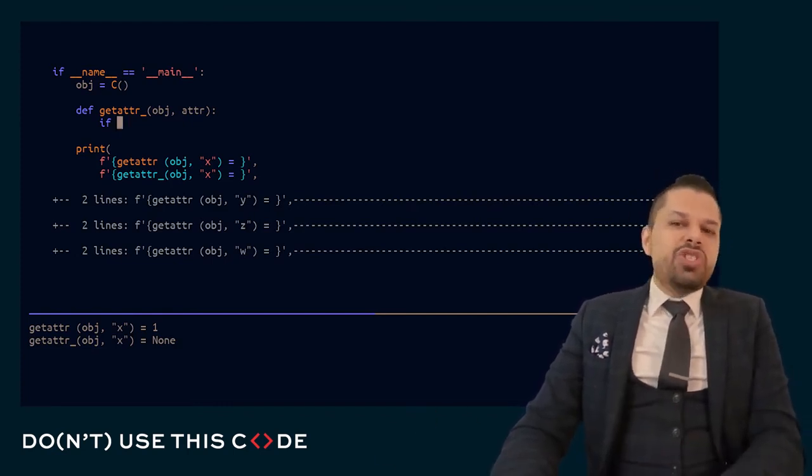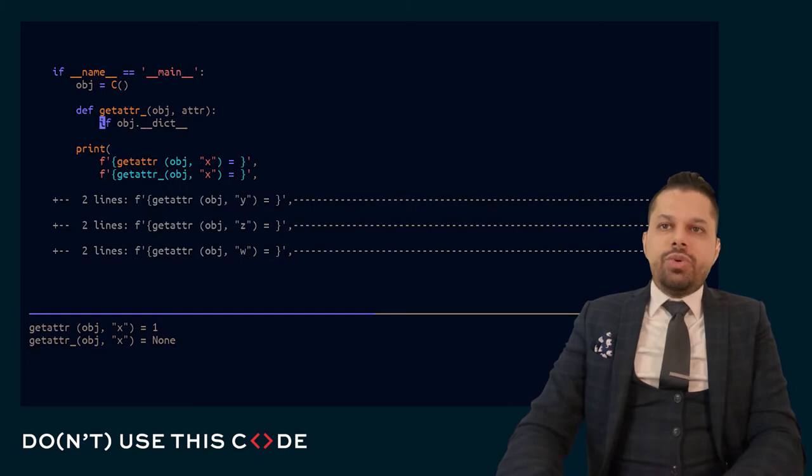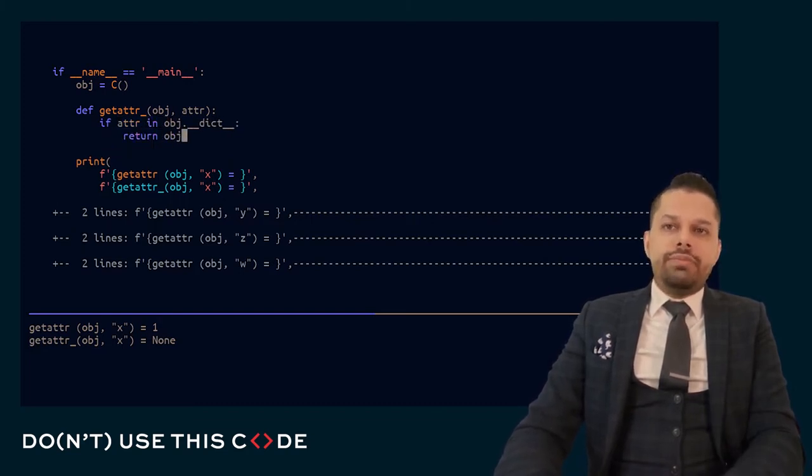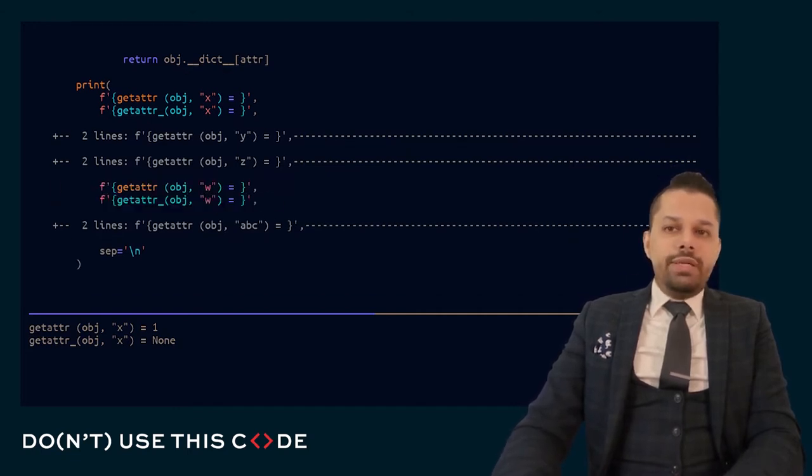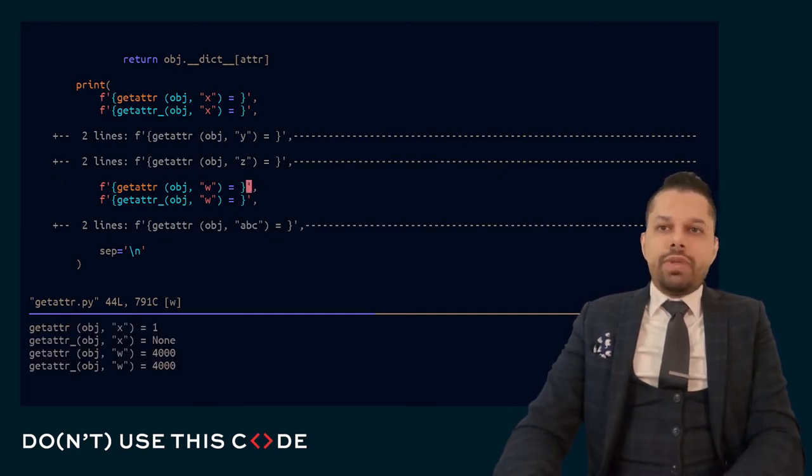What we'll do is we'll just look in the object's instance state, which will be visible as this dictionary object. And so we'll say if the attribute is there, just return what you see there. And while that won't solve this particular problem, it will give us the ability to mock out what happens when we look for this W entity. That's all that's necessary in order to make that work.